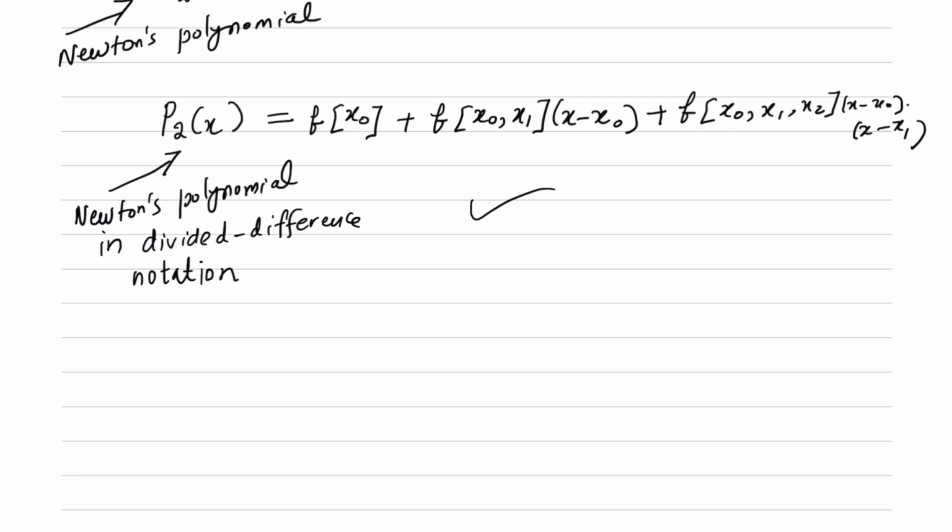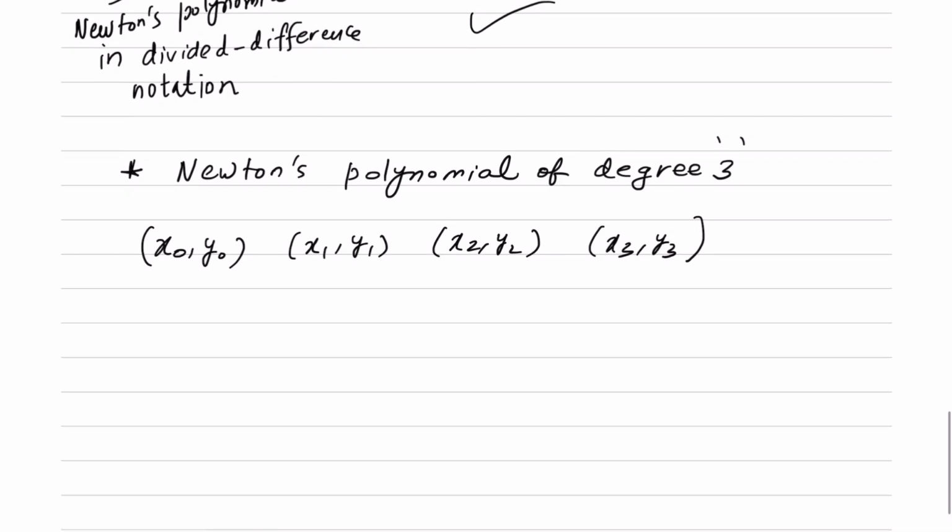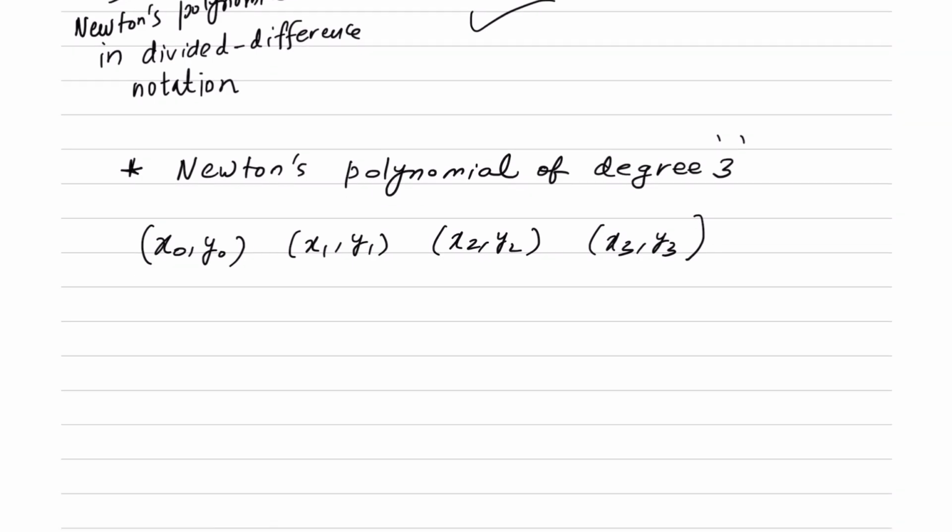Let's write Newton's polynomial of degree 3. First, we are given 4 data points. With 4 data points, the maximum degree of the polynomial would be 3. So we write P3 of x, Newton's polynomial.